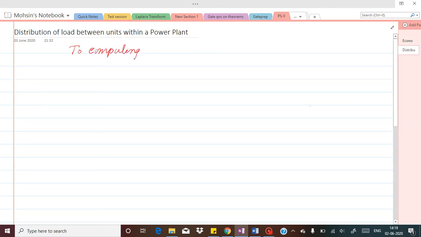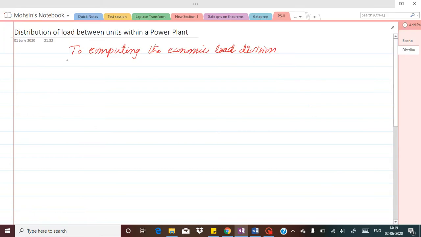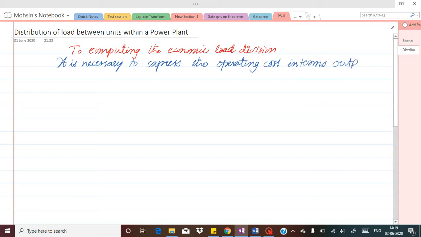I'll just write a few lines here so that you get the link. To compute the economic load division, it is necessary to express the operating cost in terms of output, because one of the units might be more efficient than the other and one of the units might have less incremental cost than the other.